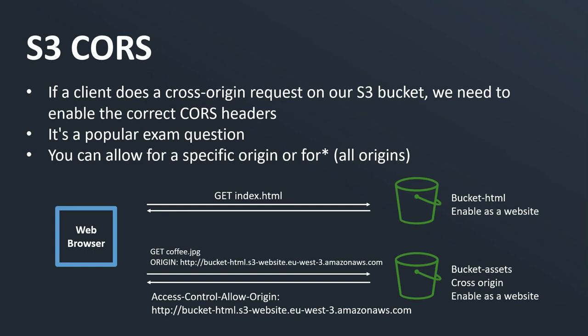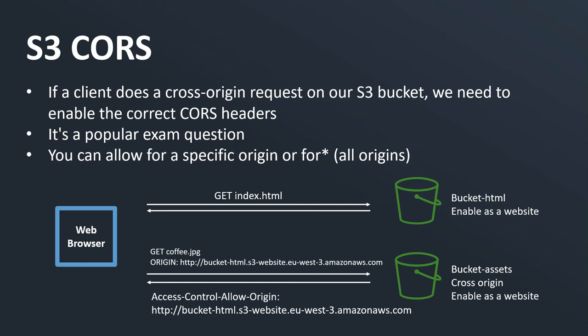If not, it will not be able to make that request. And that is the whole purpose of CORS. So as we can see here, the CORS header has to be defined on the cross origin bucket, not the first origin bucket. Okay, so this is just for theory.